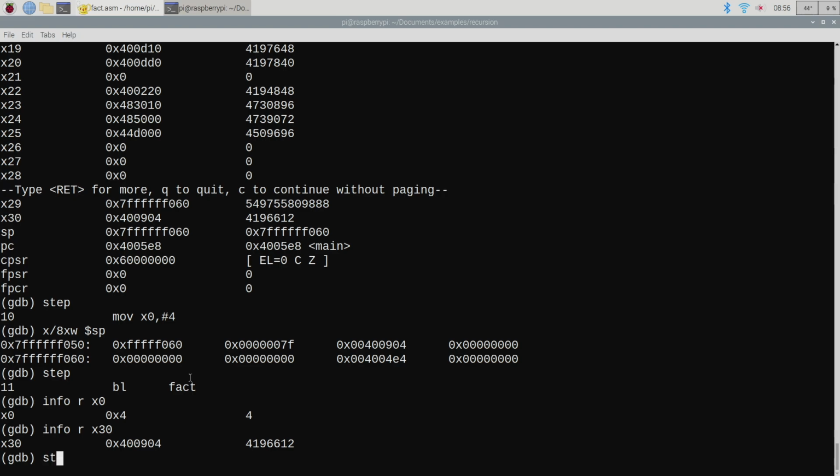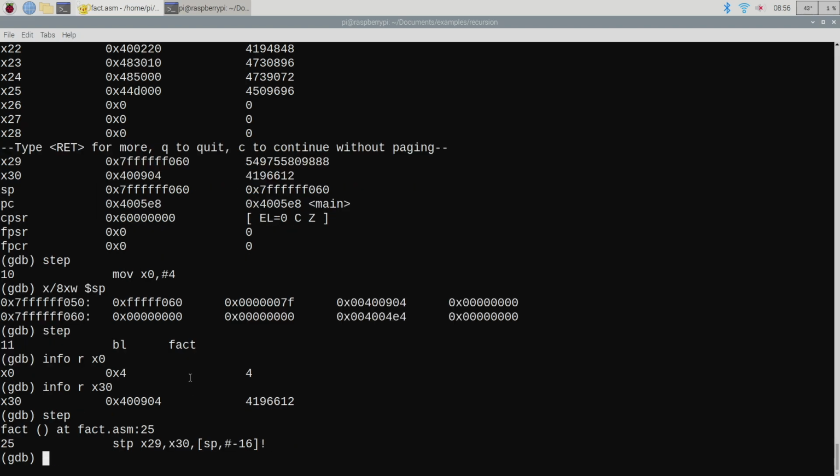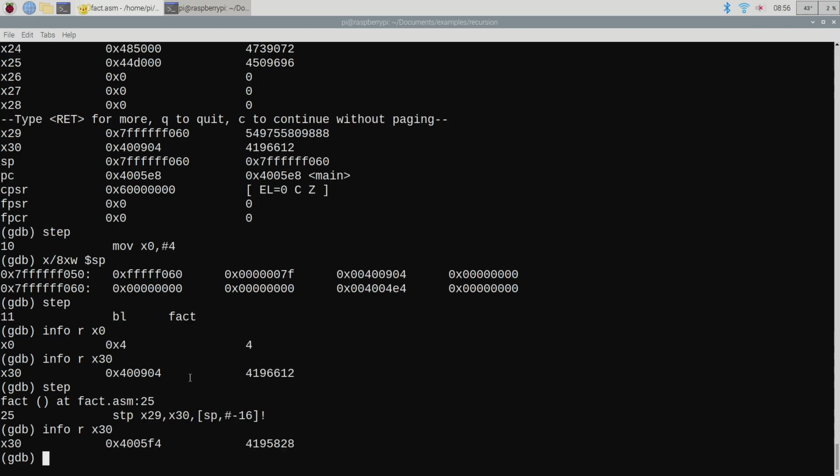If I step, I'm now inside my subroutine. And what is x30 now? 5F4. That was the instruction immediately after the BL. That's where I would go back to when the whole recursion is done.